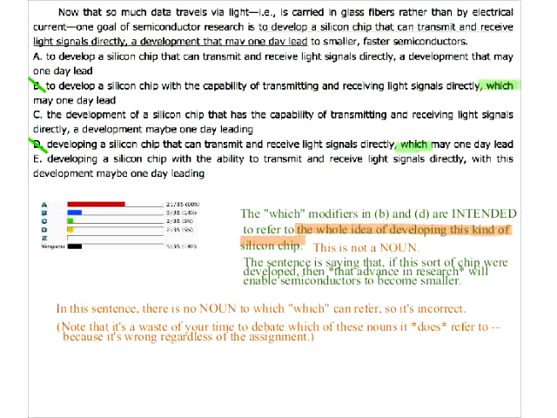Now, someone says to develop and a development seems redundant. If you think so, I can see where you're going with that, but not really, because they're not doing the same thing. This is talking about the specific development of the silicon chip, whereas this is the act of actually developing this thing in a research lab, whereas this development refers to the situation once this has been done.